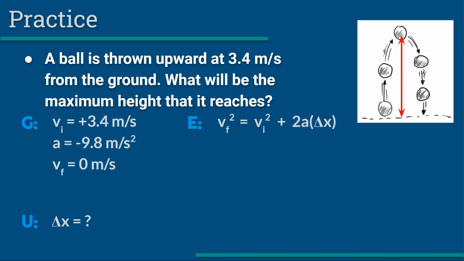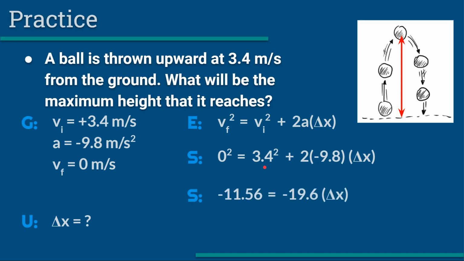If I substitute in, that is 0 squared equals 3.4 squared plus 2 times negative 9.8 times delta x. 3.4 squared is 11.56. I'm going to subtract that 11.56 so that it cancels here, and that leaves me with negative 11.56 equals 2 times negative 9.8, which is negative 19.6, times delta x.